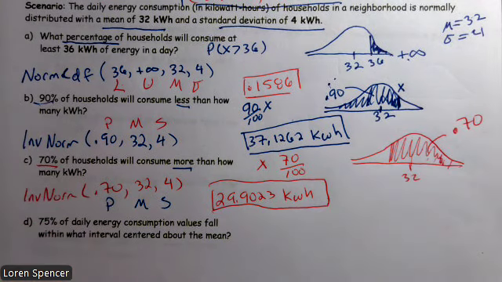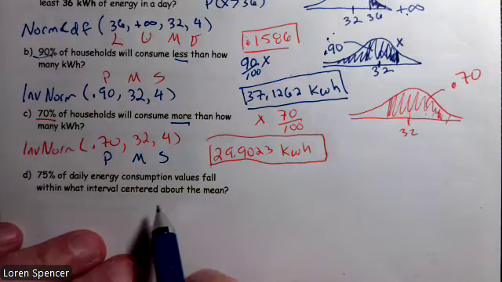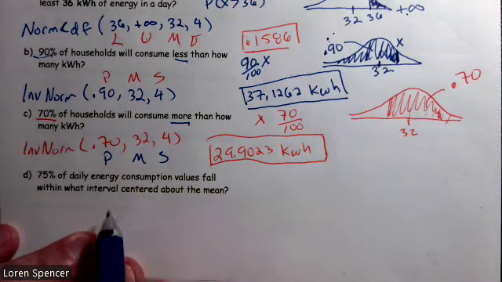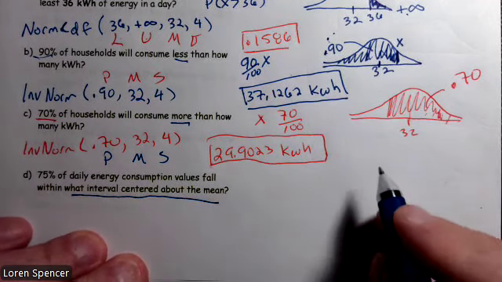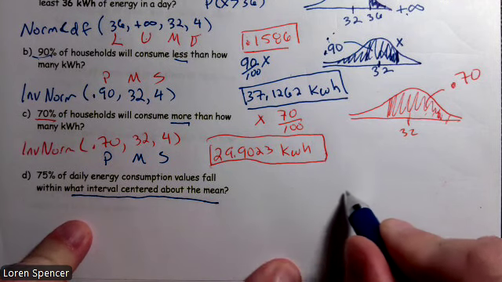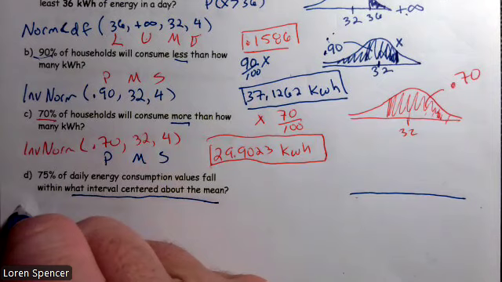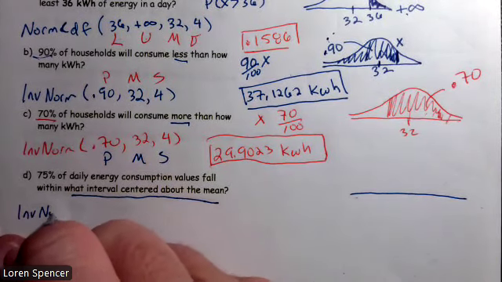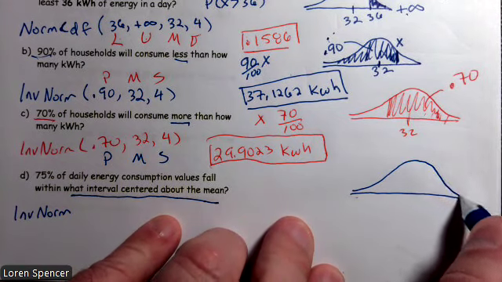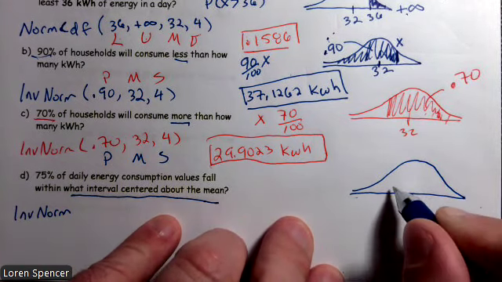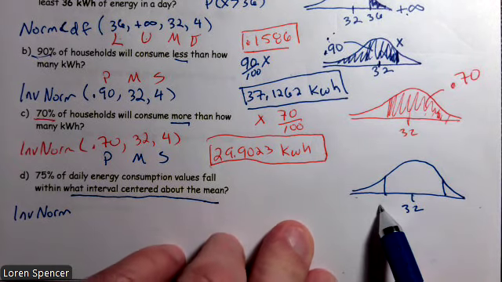All right. Okay, last problem. 75% of daily energy consumption falls within what interval centered about the mean? All right, so here we go. Interesting. First off, they gave us a percent, so that tells me I'm working with inverse norm. And our graph is still going to be centered on 32, but we're centered on it, so we're going to have some below 32 and some above 32.